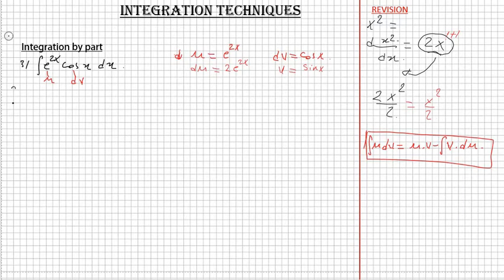So the integration of e to the power of 2x cos x dx gives: I have u, which is e to the power of 2x, and then v is sine x, and then I have minus integral. So I need to repeat v. So v is sine x, and then the derivative of u is 2e to the power of 2x.